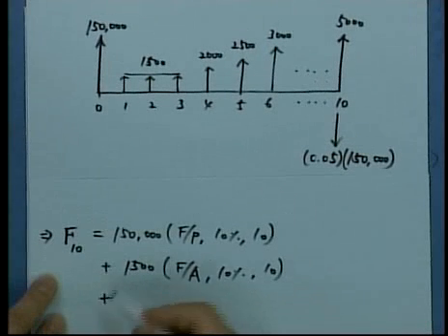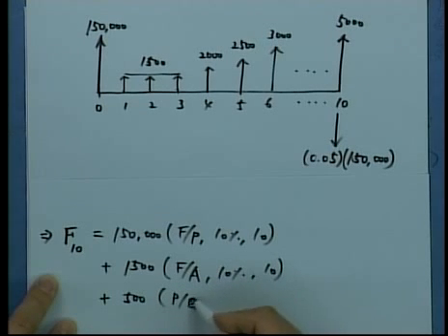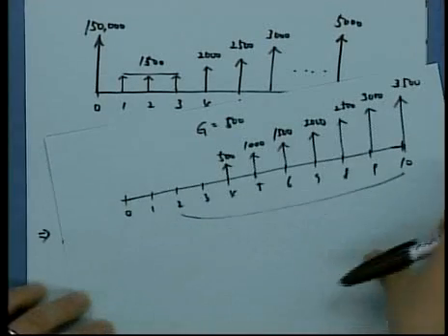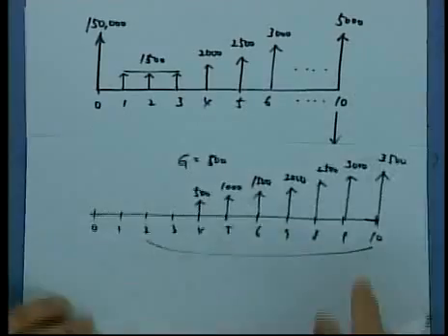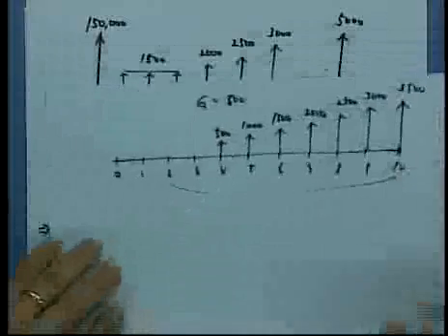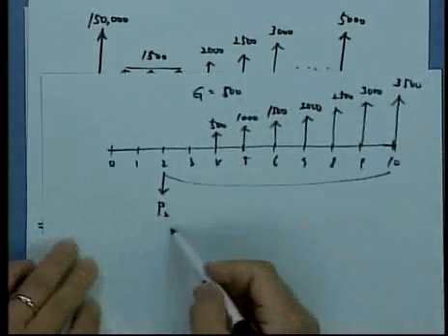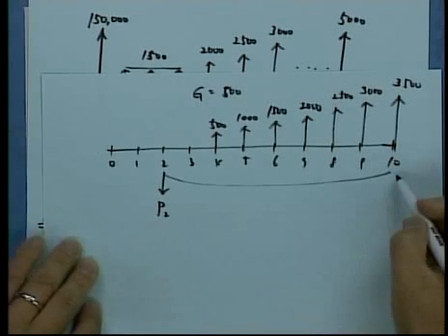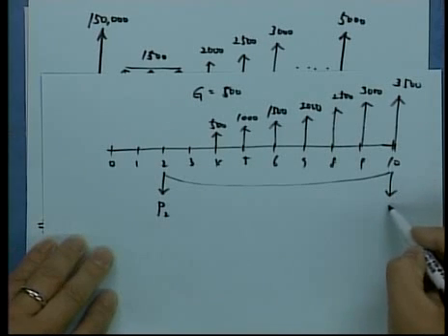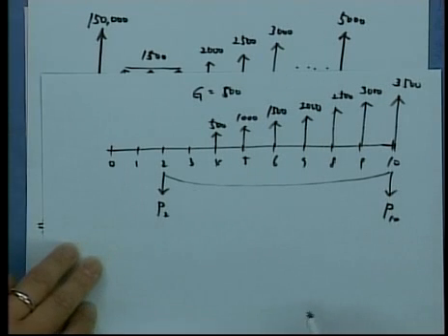So you need to add 500 times P given G, 10% over 8 periods, from 2 to 10. Now you've got P sub 2, and you need to convert it to an equivalent future sum at the end of period 10.